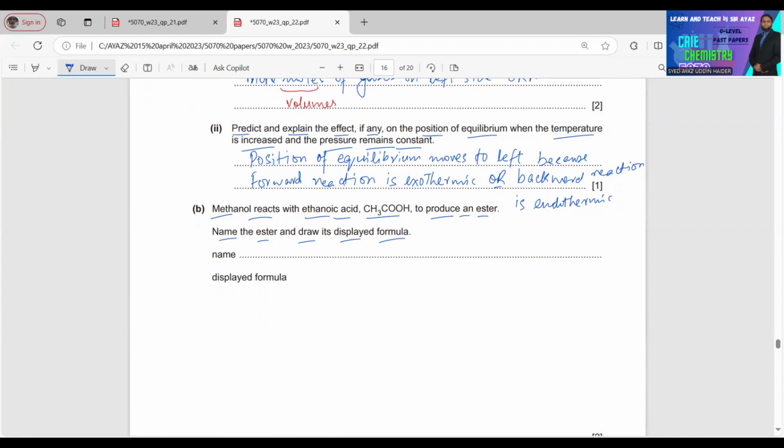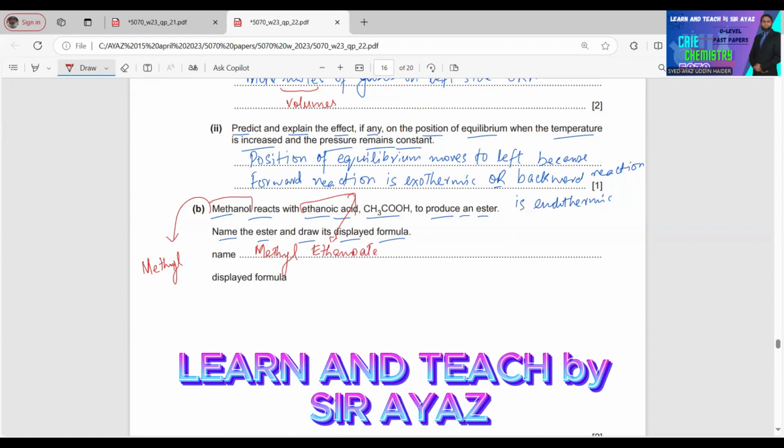We have methyl group coming from methanol, and alkanoate group coming from the carboxylic acid, and in this case it must be ethanoate. So the name must be methyl ethanoate.